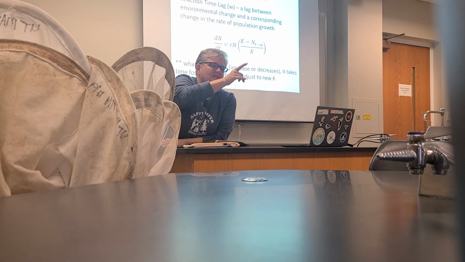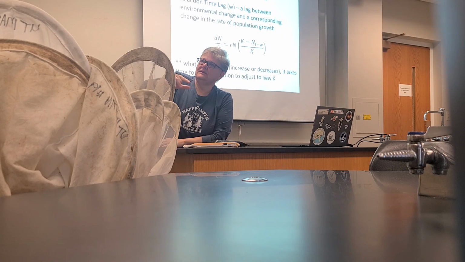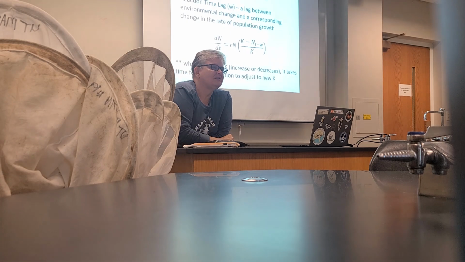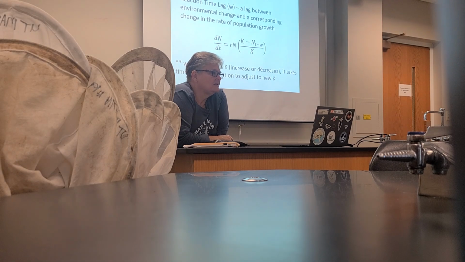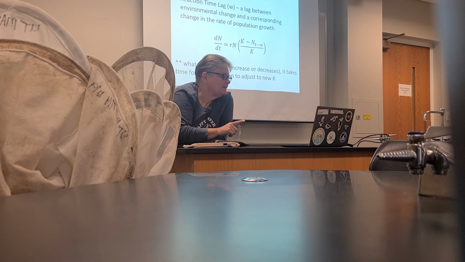And so their population is going to crash a little, bounce back maybe over, and then do that little kind of wavy thing until it settles in at the new carrying capacity. And so it's not like, oh no, there's a drought, and they just line up the extra individuals and then they're at K, right? That's not what's happening. It takes time for them to adjust.